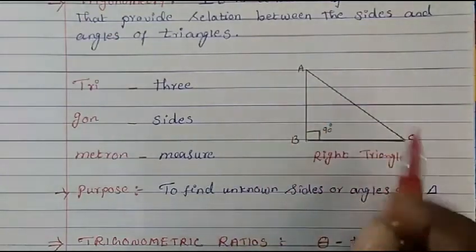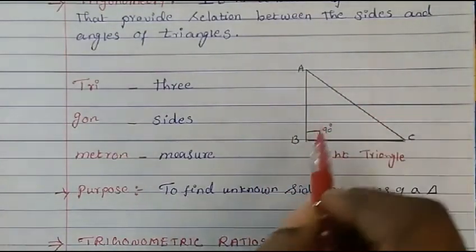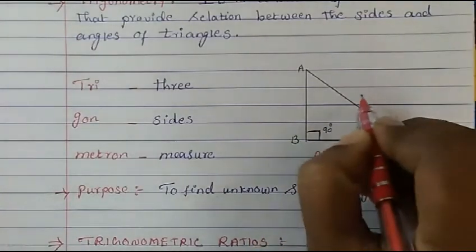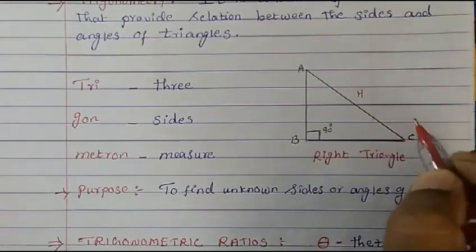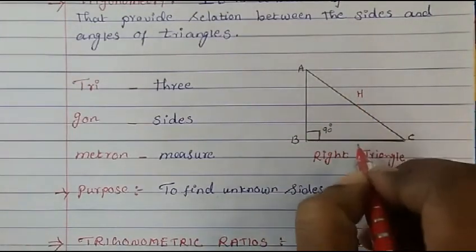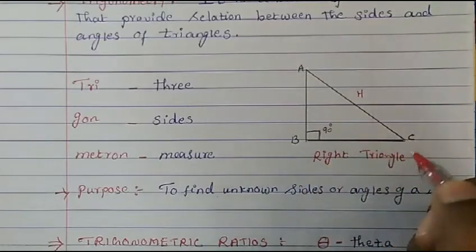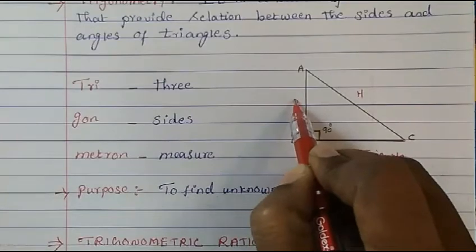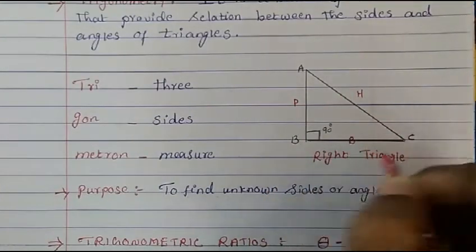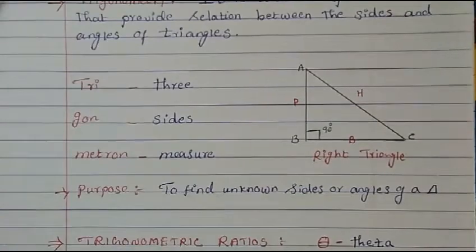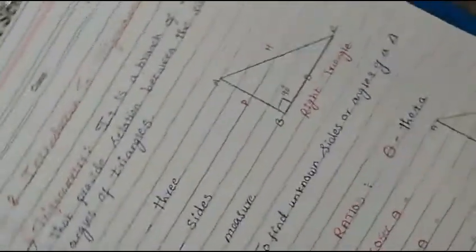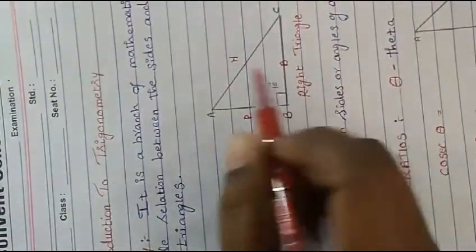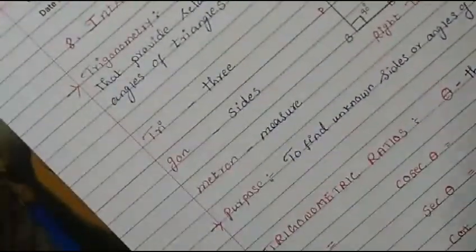So right triangle, I suppose you know it. A right triangle will have one angle of 90 degrees, and then you will have a hypotenuse, and then two sides. One side we call base, another side we call perpendicular. It can be either way: this can be perpendicular and this can be base, or if you turn the figure, this can be perpendicular and this can be base, but the hypotenuse remains the same.